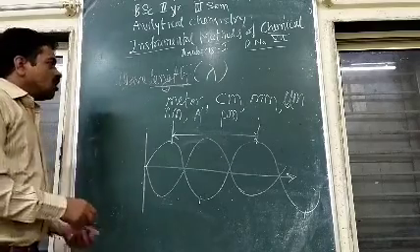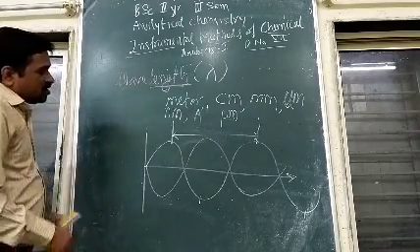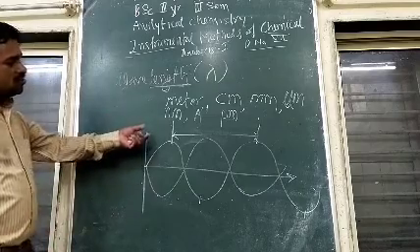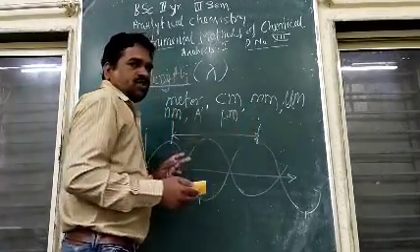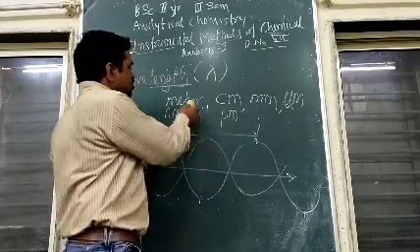Now we will see how these units are related. Suppose the wavelength is too small; then we are not able to express it conveniently in meters.